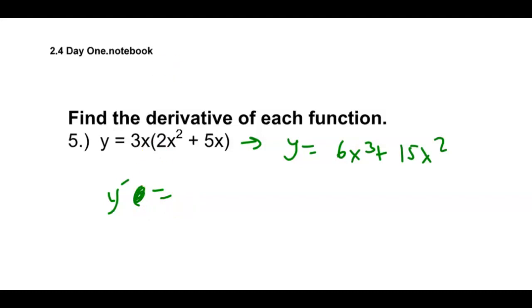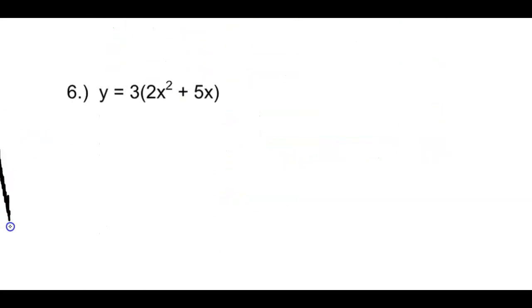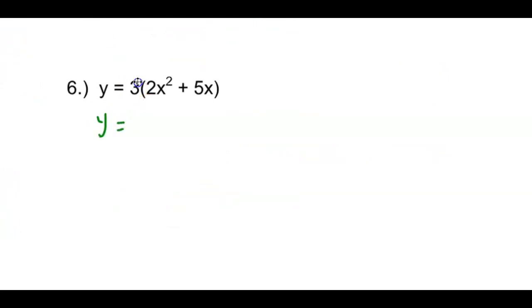All right, so you're going to get 18x squared plus 30x. This one, rewrite it by distributing first. So 6x squared plus 15x. And now take the derivative, 12x plus 15.